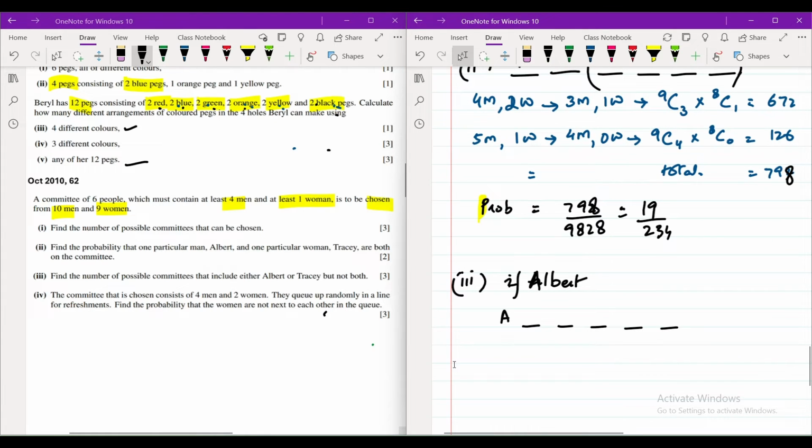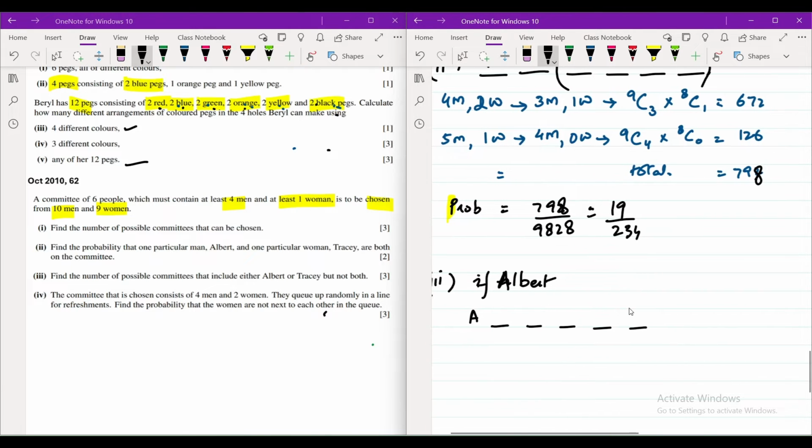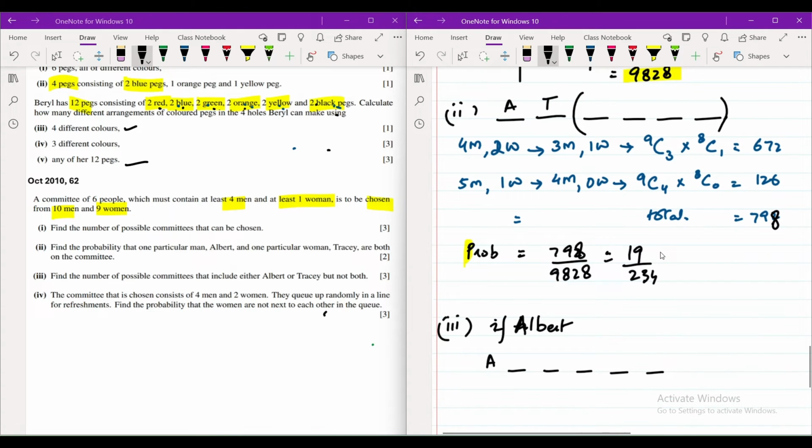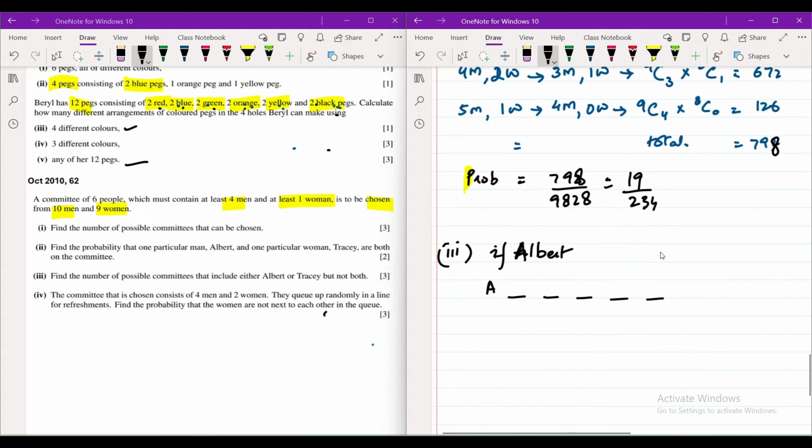If I have already chosen Albert, I cannot select Tracy. So this means that I don't have 9 women to choose from, I have 8 women to choose from, right? And if Albert has been chosen, again, we have 9 men to choose from, right? So again, we have to follow the same scenario over here.